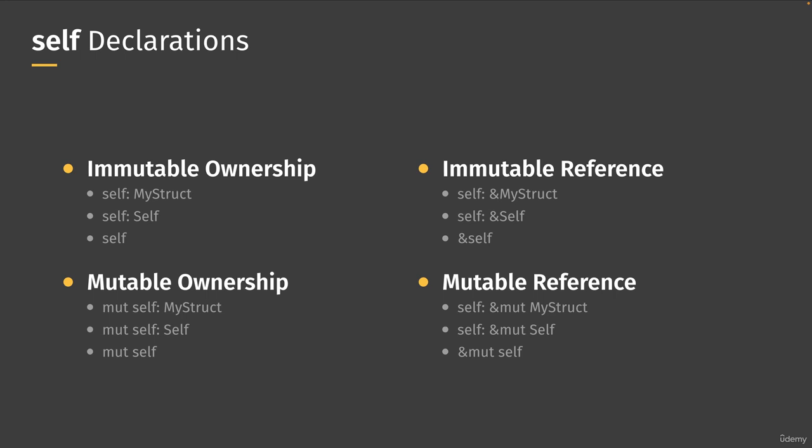And then there are three shortcuts, self, ampersand self, and ampersand mut self, that allow the compiler to figure out which one of the four options you mean in any given method definition. You are welcome to define one method that does one thing and receives the struct in one way, and another method that does things totally differently. It all depends on how you want to structure your code.